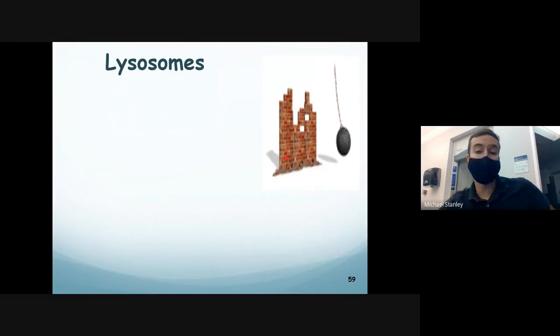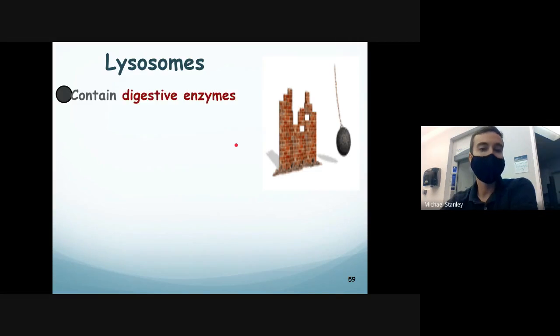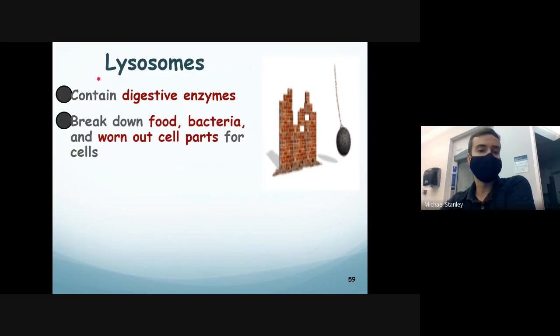All right, another one of my favorite organelles to talk about are the lysosomes. So lysosomes are basically like the demolition crew or the cleanup crew of the cell. So lyse is like a fancy science word for breaking stuff or breaking down stuff. Like if you remember with our macromolecules, the way that they are broken up is called hydrolysis.